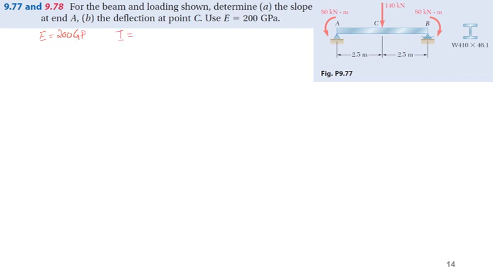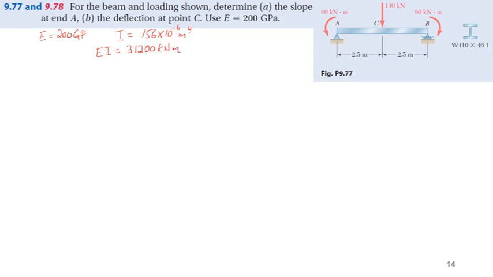I is from the table for this cross section, so that is 156 times 10 to the power minus 6 meter to the fourth. If you multiply both of them, EI will be equal to 3100 kilonewton meter square.